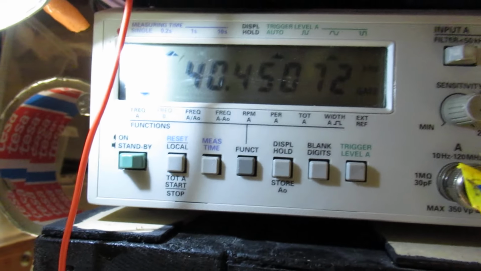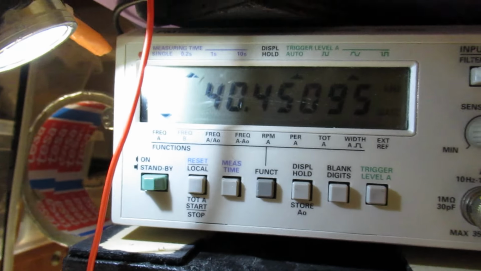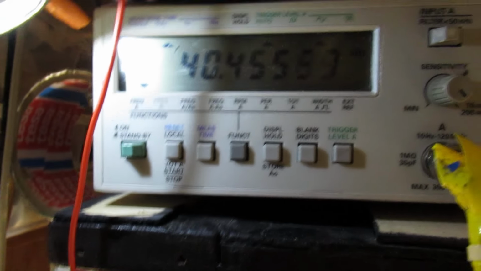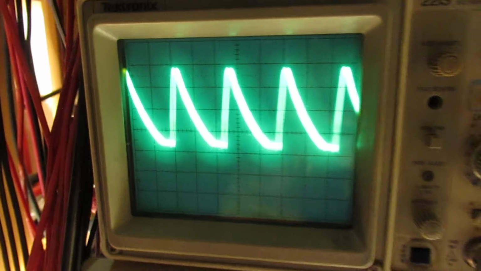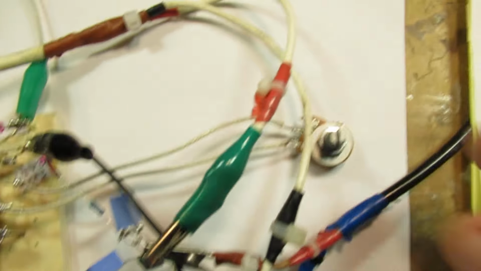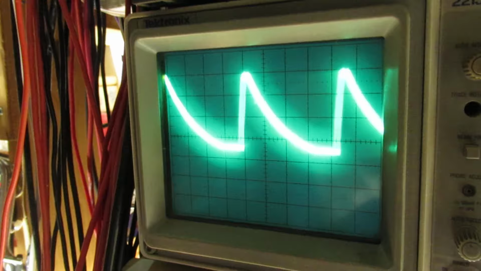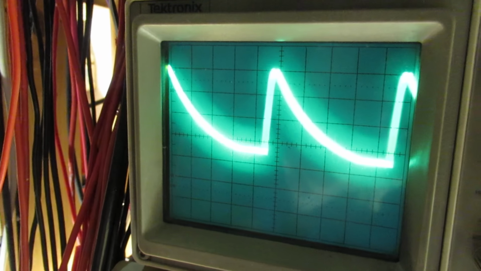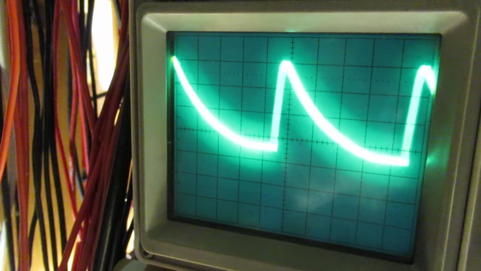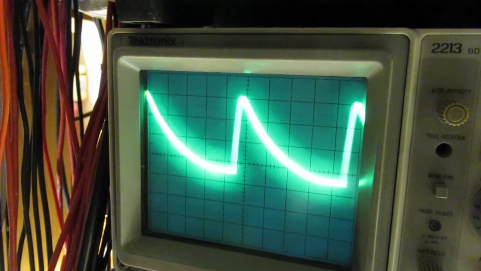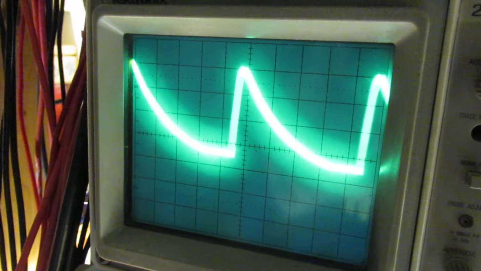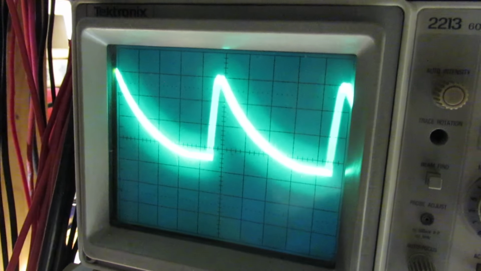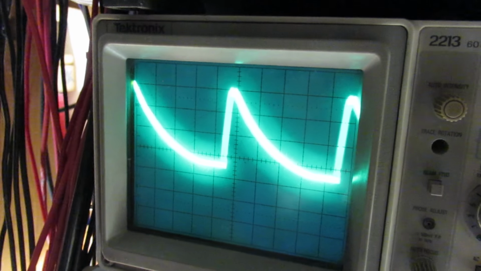Here we have the highest frequency, 40 kilohertz, and it is still quite good. 40 kilohertz, the waveform is quite good. And let's turn the frequency potmeter. I have also figured out both the fine frequency knob and the coarse frequency knob.